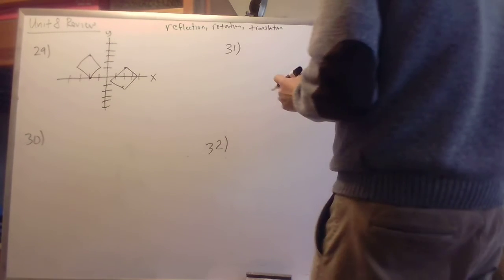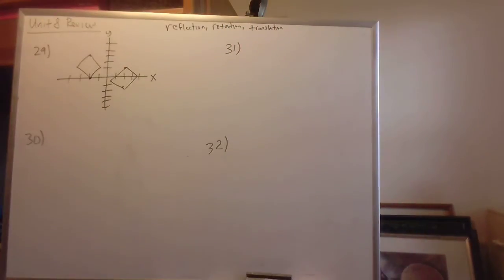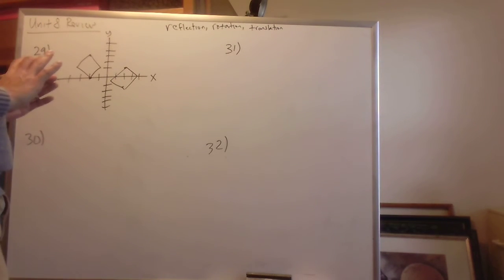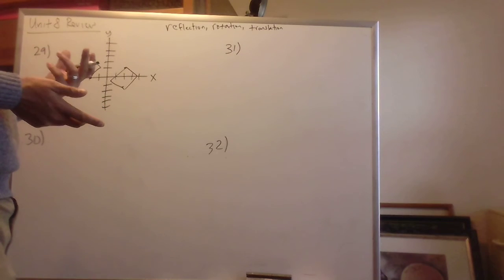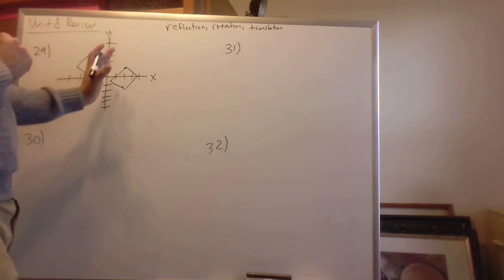So reflection is if it's like a mirror image, like we've reflected over a certain line. A rotation is if we've taken it and spun it around a certain point, and a translation is if we moved it and it stays the same, basically the same, except we just moved it over.